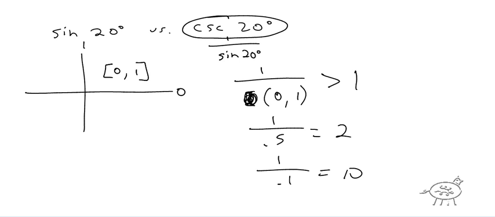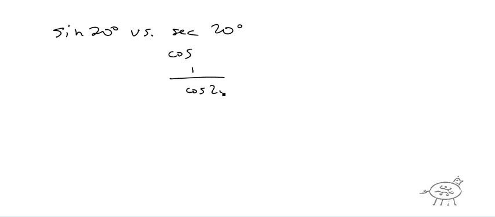How about if I do something relatively similar? Sine of 20 degrees versus secant of 20 degrees. Now this goes with cosine, and it's actually 1 over cosine of 20 degrees.